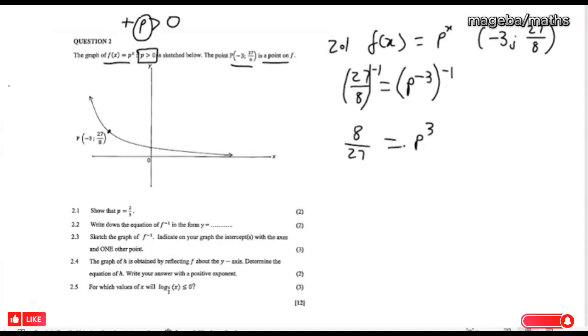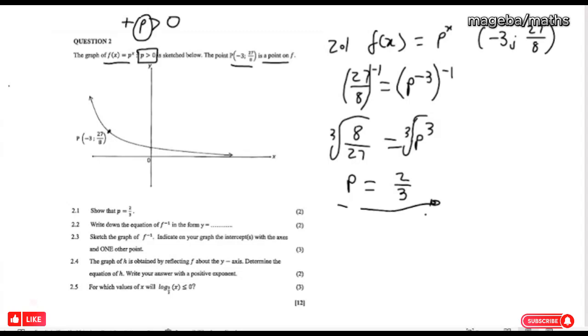And then from here, I can take the cube root on both sides. Remember, what I did on the left hand side, I need to do on the right hand side also, so that you satisfy both sides. And then from there, p is what? If you find the cube root of 8 over 27, you're going to find 2 over 3.